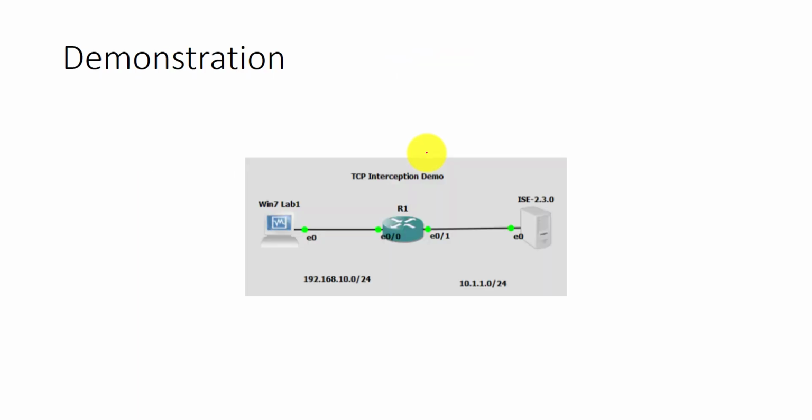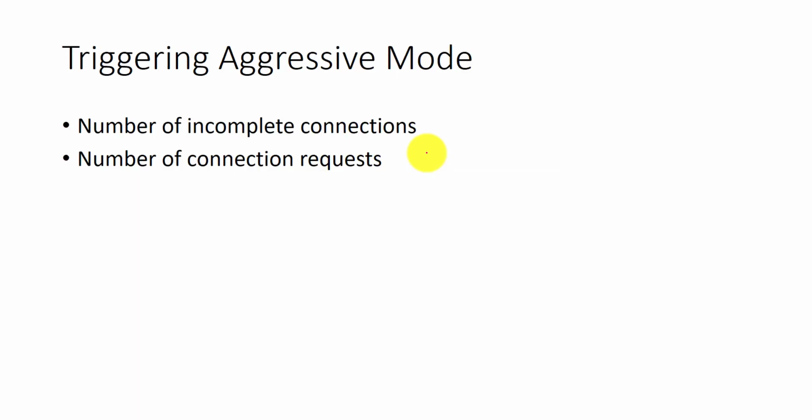And once that kicks in, before we go into the demonstration, by default each new connection causes the oldest partial connections, so not fully established connections, to be deleted. So basically all the new connections coming in force the oldest partial connections out.